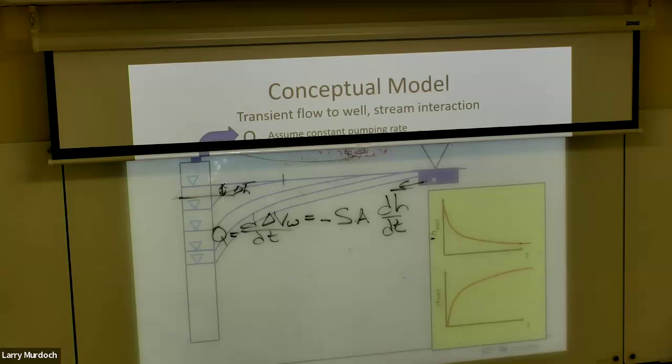So if that's the case, eventually the water leaving the stream will equal the rate at which we're pumping water out, and those two are equal, and then we can have this go to steady state. So we can have a situation where the head is not changing with time if the inflow from the stream equals the outflow from the well.